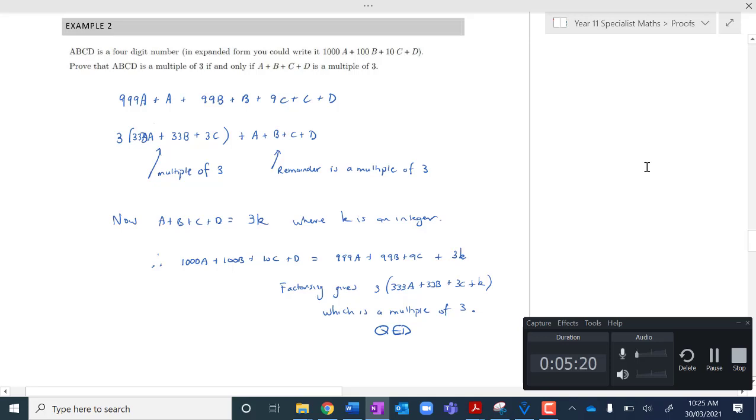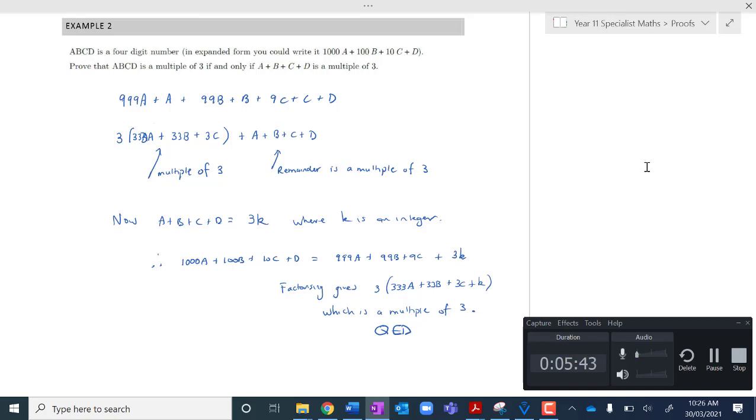So we can see that we've broken this up. We know that 1000A plus 100B plus 10C plus D is a multiple of 3, and we're proving that A plus B plus C plus D is a multiple of 3. So we've done that.